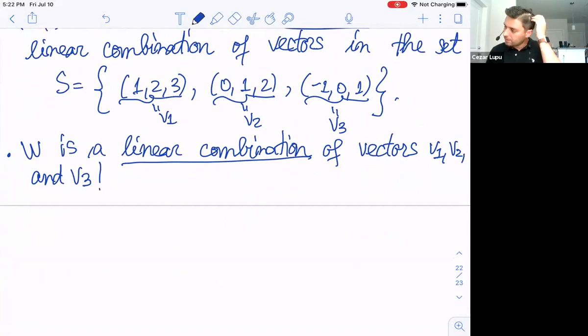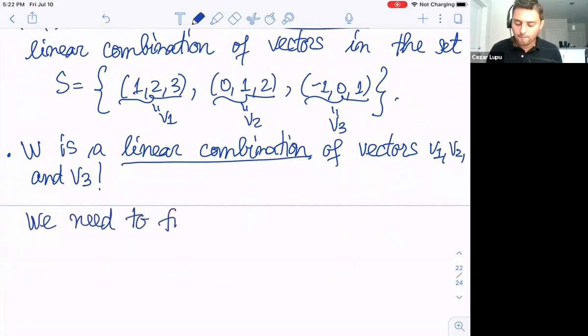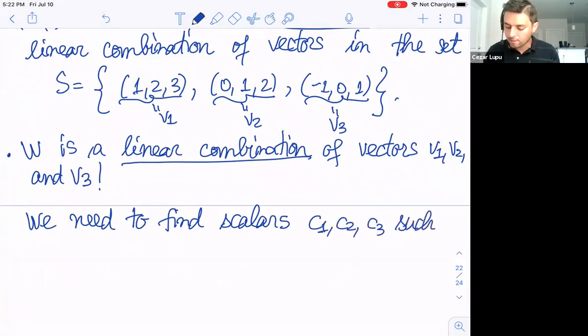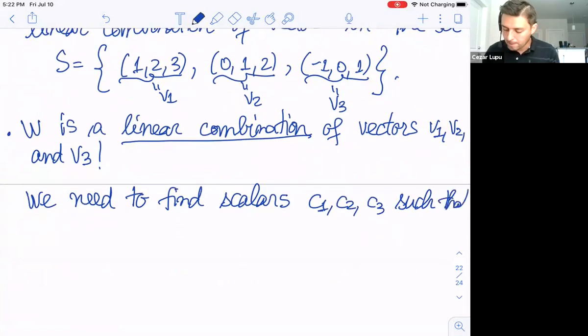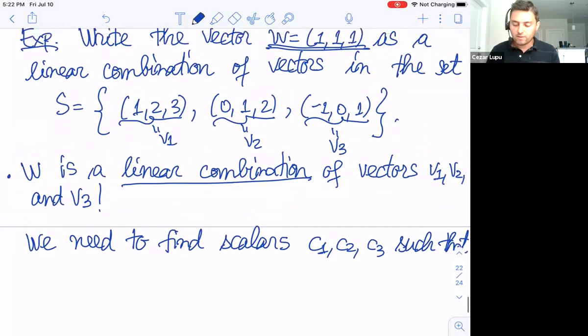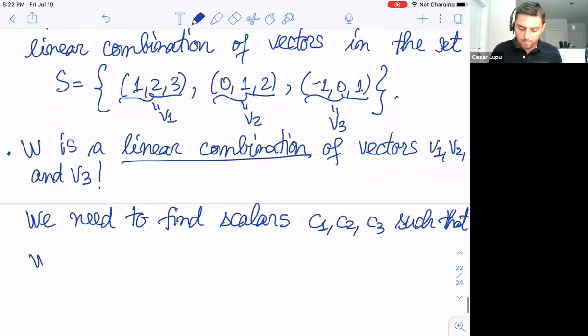What does it mean? This means that we need to find scalars, let's say C1, C2, C3, such that this vector W, which is here, is C1 times V1 plus C2 times V2 plus C3 times V3.